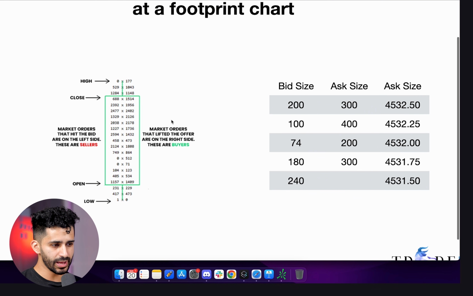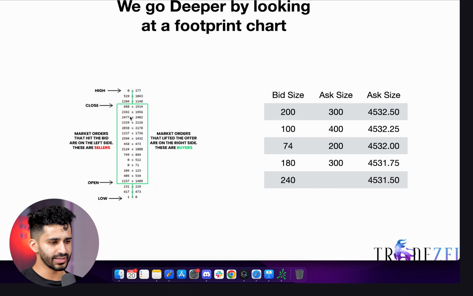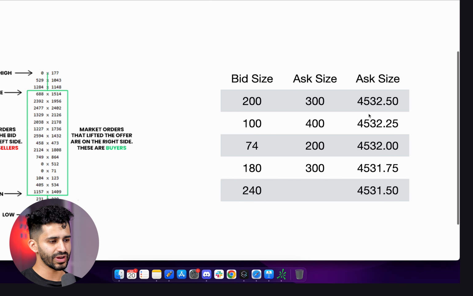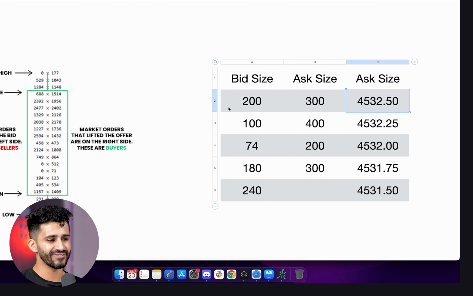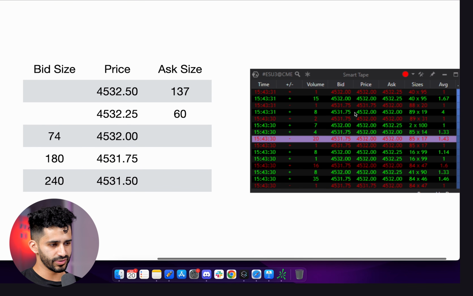For example, say a stock is trading at 45.3250. At that level, we can see that 200 orders got filled on the bid and 300 orders got filled on the ask. Like I was showing you earlier, this is all the orders that are getting filled.